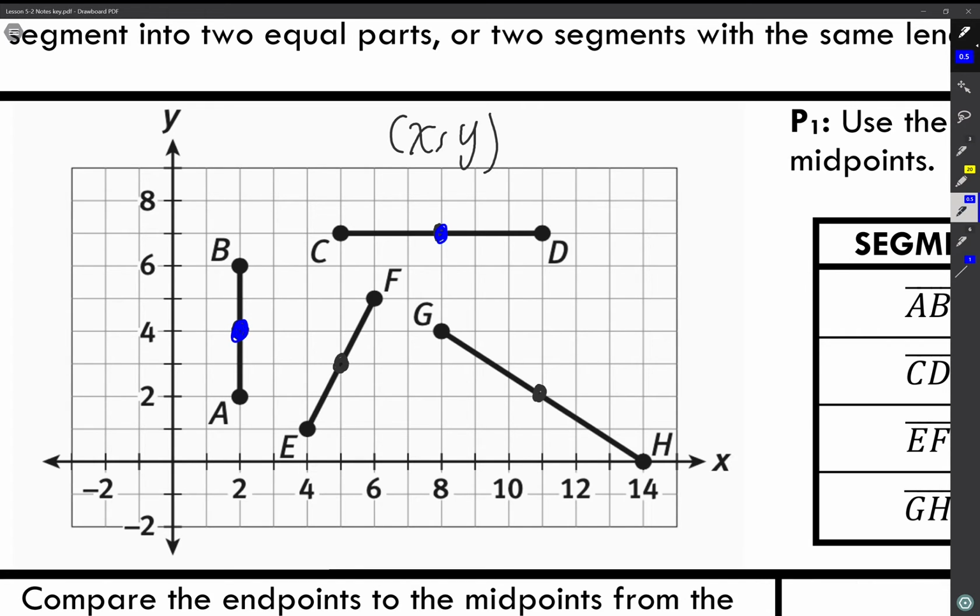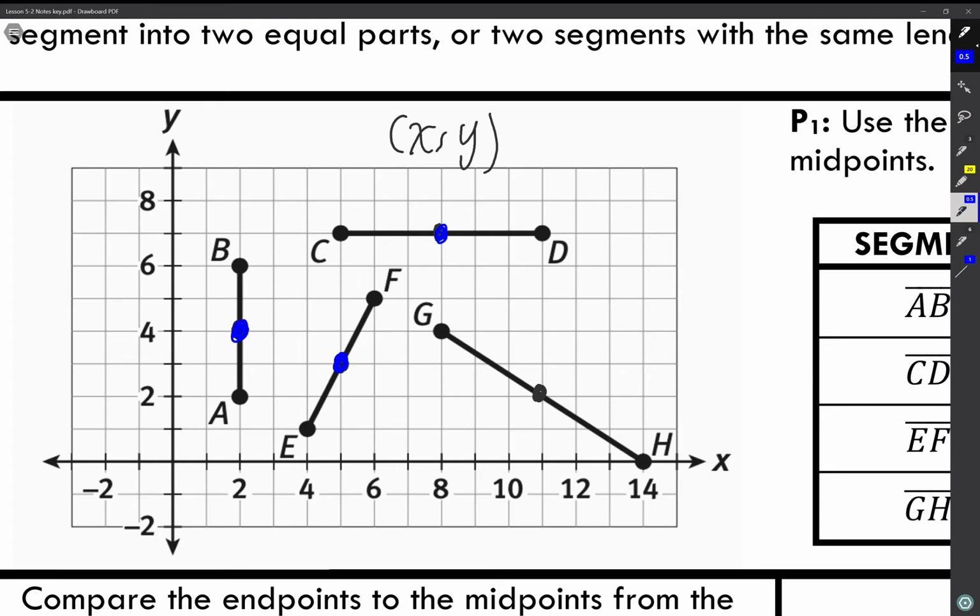When you have lines that are diagonal, not straight up and down or horizontal left to right, it's a little bit harder to see, but you can still tell which one's in the middle of it. For EF, we can see that in the middle right here is the point 5, 2 and 3.